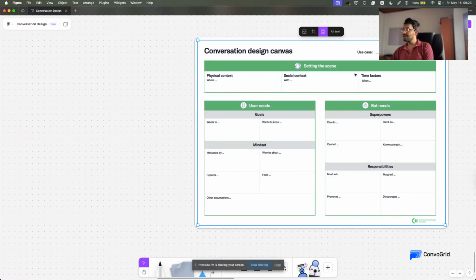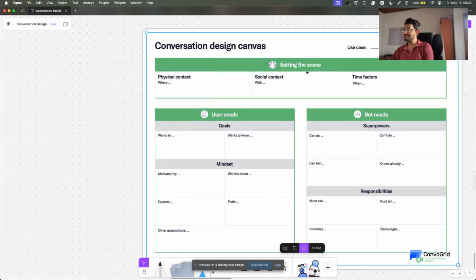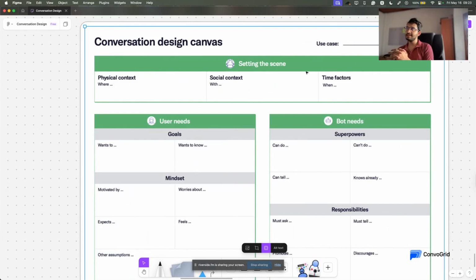One of the things that you have to think about is the scene. The scene means what exactly is the use case for this bot. For example, is this a healthcare bot? Is this a bot that serves as a simple assistant for a website just to find information? Or is this a bot which helps people to book a plane? Those sort of things. The physical context is where it is located, on which web pages and so on.